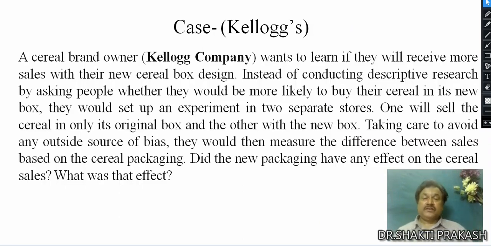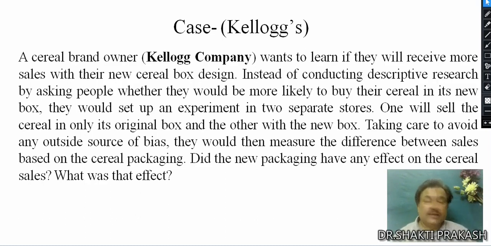Next is Kellogg's. Kellogg's, a cereal brand owner, wants to learn whether they will receive more sales with their new cereal box design. Instead of conducting descriptive research by asking people whether they would be more likely to buy their cereals in the new box, they would set up an experiment in two separate stores.